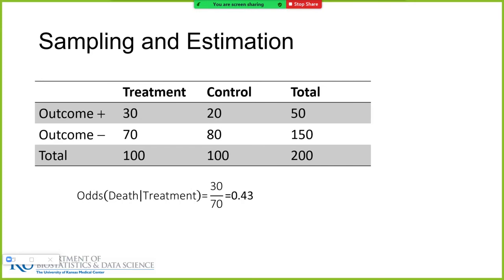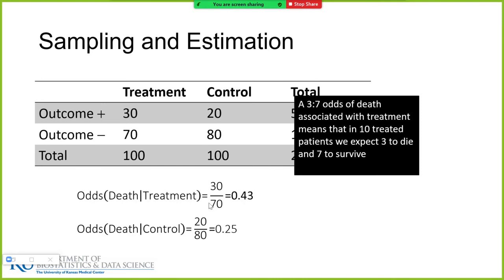If I were taking a look at the odds of death in the treatment, I take the number who experienced the event and divide it by the number without the event in the treatment group, and that's an odds of 0.43. Odds of death in the control is 20 to 80 or 0.25. I can interpret the odds of death in the treatment group, the 3 to 7 odds, to mean that in every 10 patients who receive treatment, I would expect 3 to die and 7 to survive.